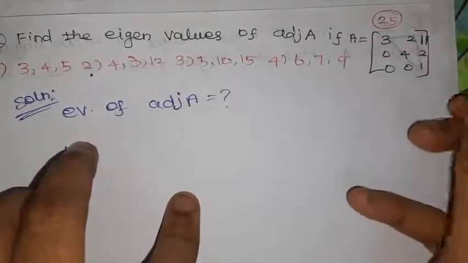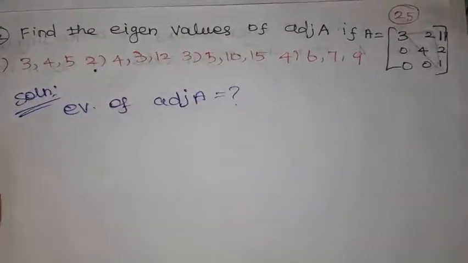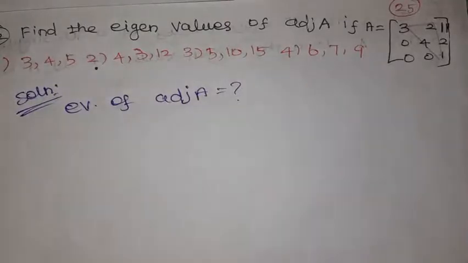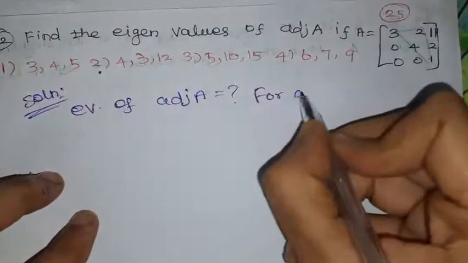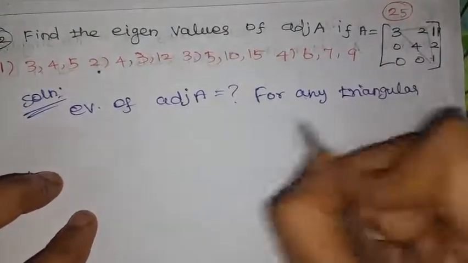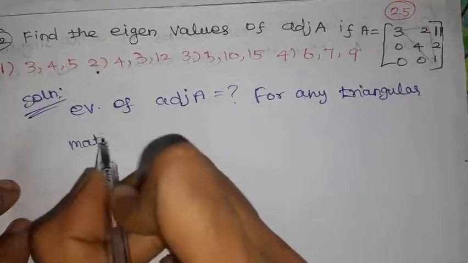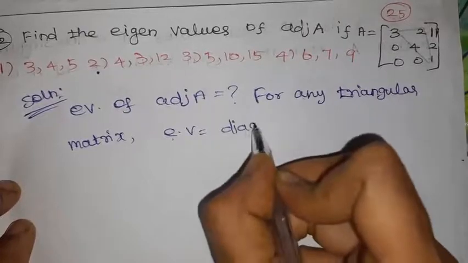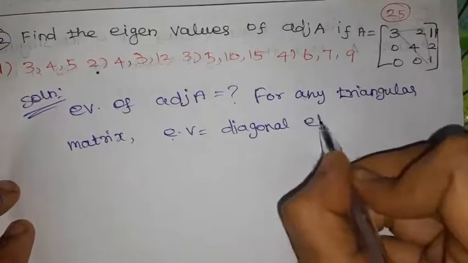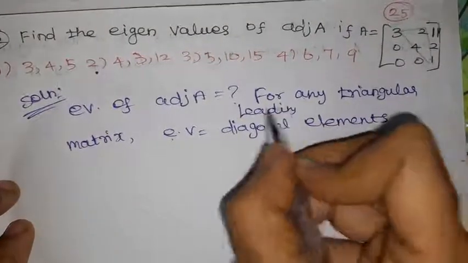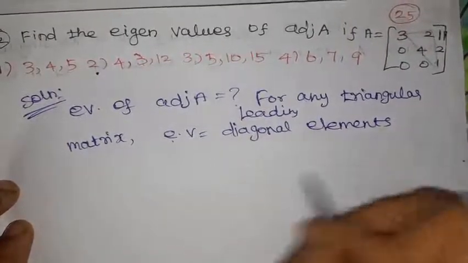Oh, so it is an upper triangular matrix. One property of eigenvalues related to triangular matrices is that for any triangular matrix, whether upper triangular or lower triangular, the eigenvalues are nothing but the leading diagonal elements.